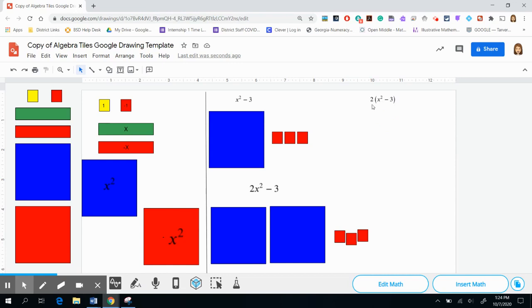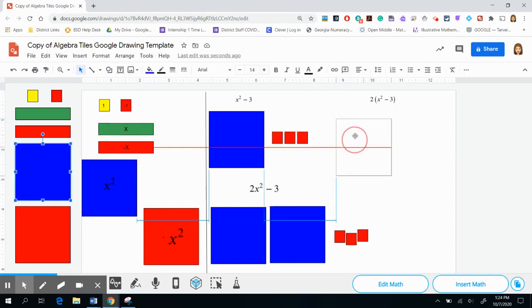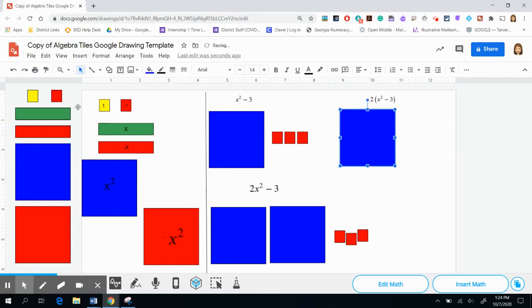I'm going to read this as two groups of x squared minus 3. So I've already seen what one group of x squared minus 3 looks like. This is asking me to build two groups of x squared minus 3. So I'm going to use my algebra tiles to build a representation of two groups of x squared minus 3.